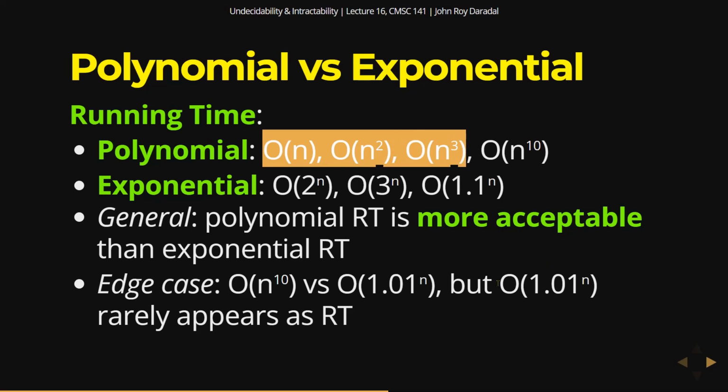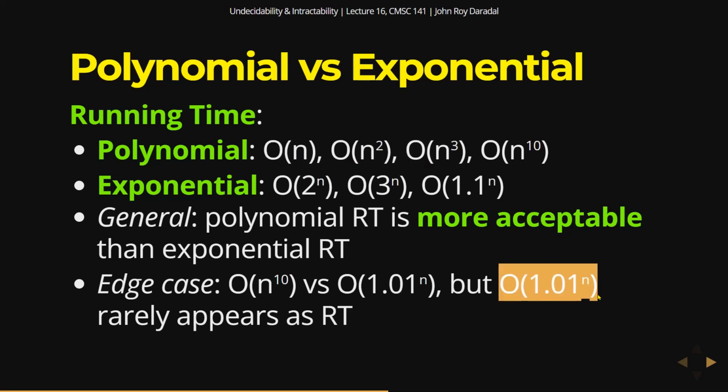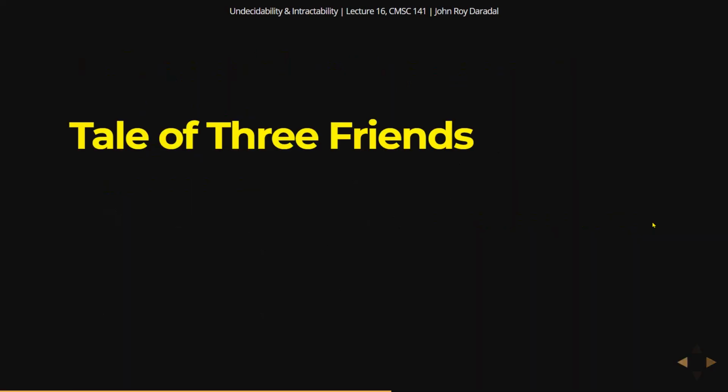And besides, this running time rarely appears anyway. There are not many, if at all, programs that run in this running time. It's a very weird looking running time, 1.01. So in general, polynomial is better than exponential.